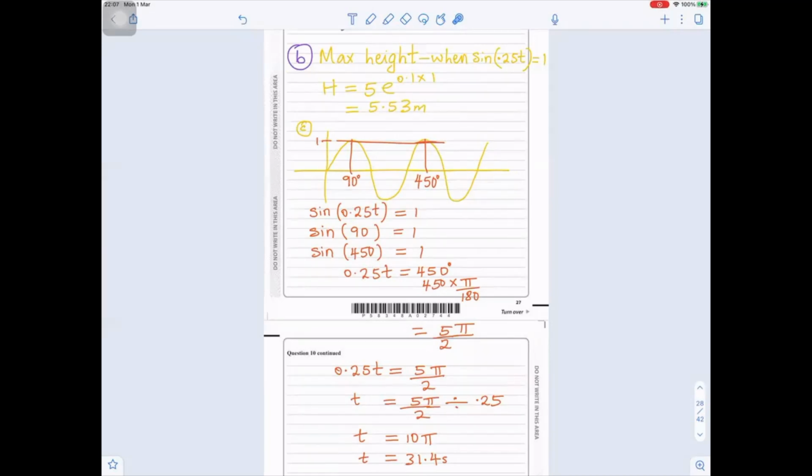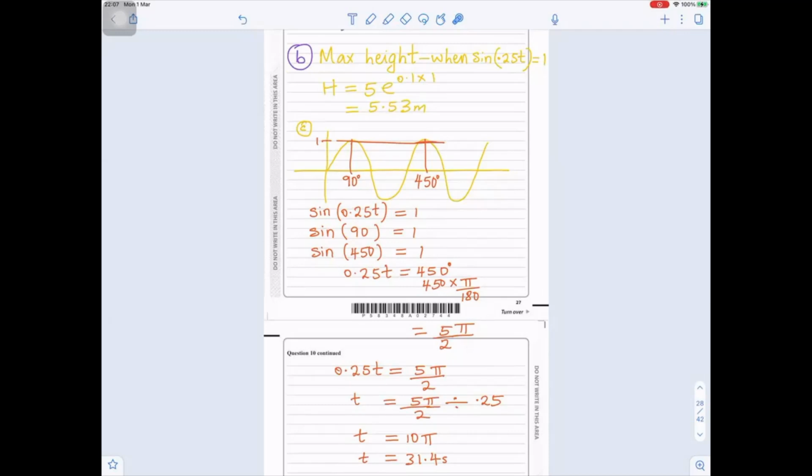And for C, we sketch a sine graph. Sine of 0.25t equals 1. So when is it 1? When sine of 90. Sine 90 is 1. Next time is sine 450, which is also 1. So we can have 0.25t equals 450. And we can multiply by pi over 180 to change to radians. So that gives you 5 over 2 pi.